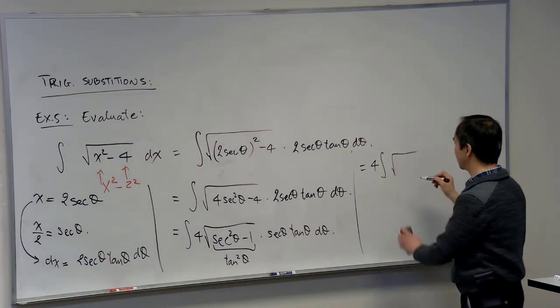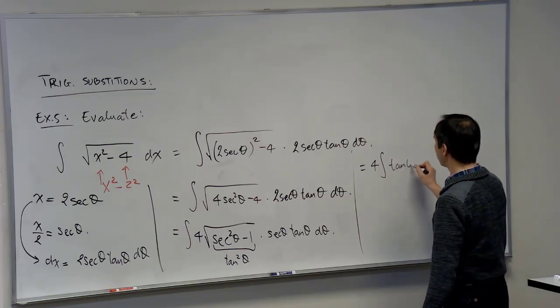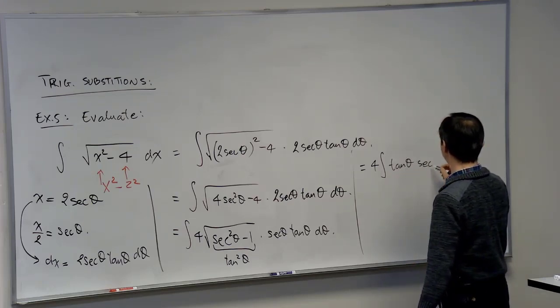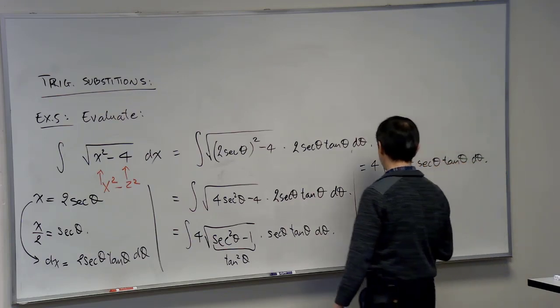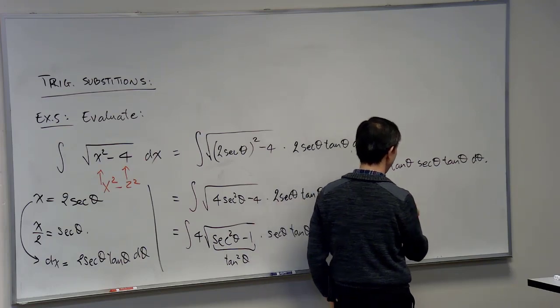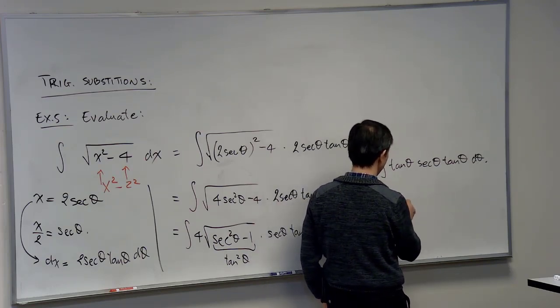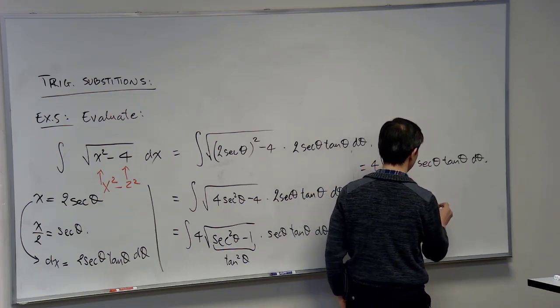Now we're looking at tangent square, but in the square root, it gives tangent theta times secant theta, times tangent theta d theta. It becomes a tangent square theta times secant theta.